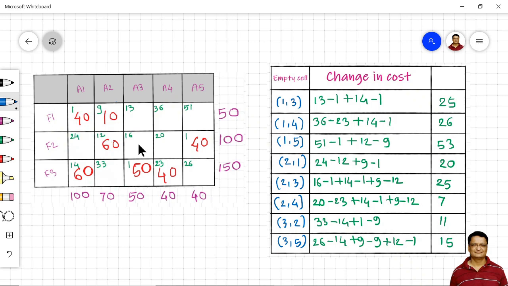For this cell, the loop is given by this combination. For this cell, the loop can be obtained something like this. Here the loop will be like this. Here the loop will be given by this particular combination.